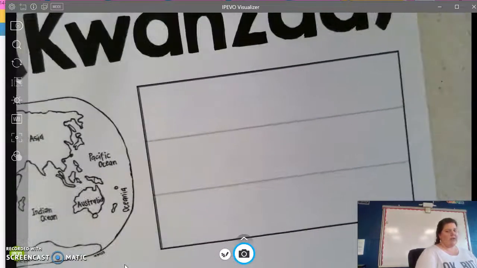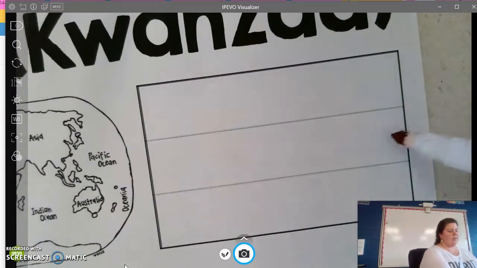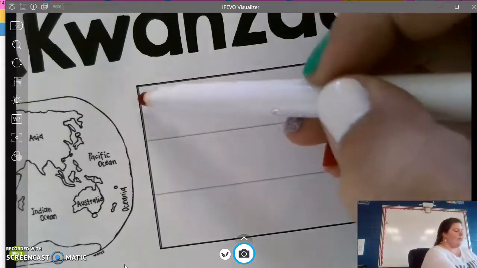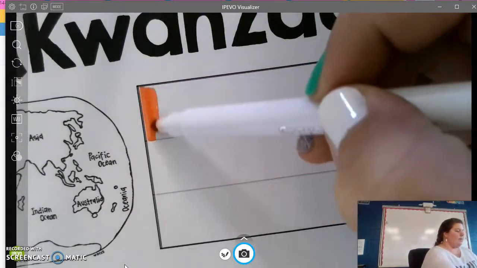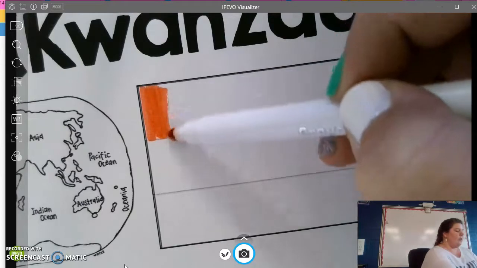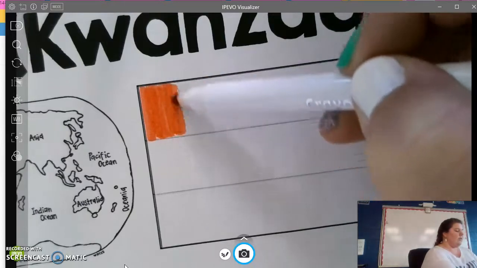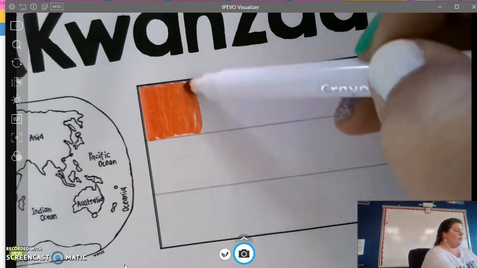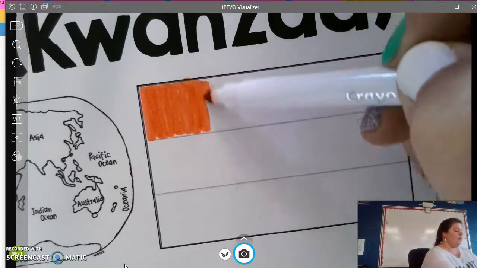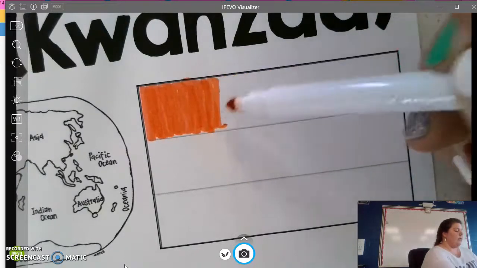And then we're going to look at the flag. The flag has 3 stripes. The top stripe is red. I did kind of forget to tell you that you needed coloring tools. You need red, black, and green. This top stripe is red.